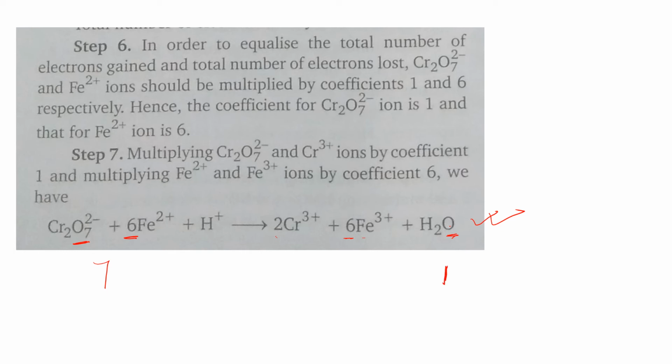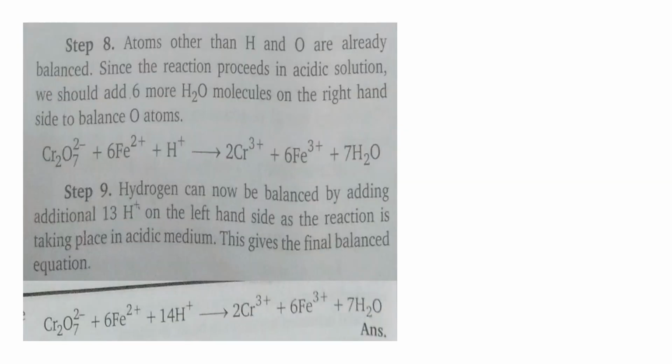So the right hand side is deficient by 6 oxygens, which means I have to add 6 H2O molecules on the right hand side. Let me see what is given in step 8. Step 8 is you have to balance oxygen and hydrogen, because all other elements are already balanced. That I have already told you in the previous slide.